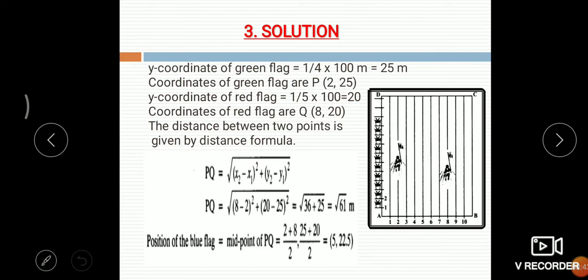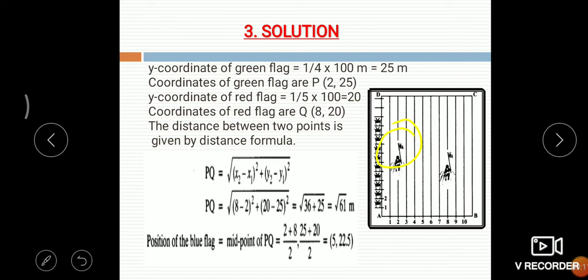And that girl moves 1/4 of that AD. It means 1/4 of 100. So the y ordinate will be 25 for the first girl. And because she is moving on the second track along the x-axis, of course the value of x will be 2. So I got this girl's coordinate as (2, 25).